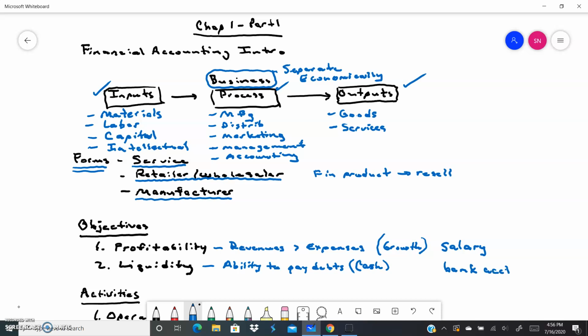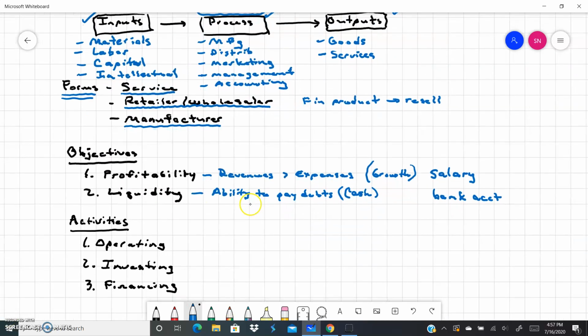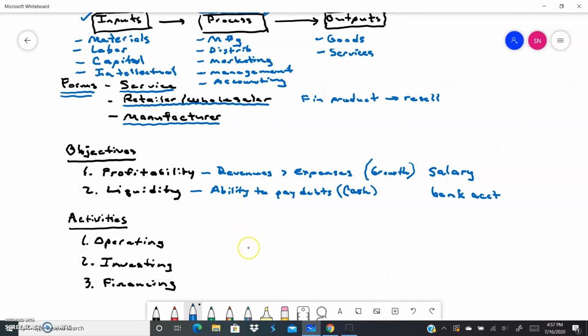But I only have $1 in my bank account. So obviously something's going on there, right? And they're two different concepts. Yeah, I made a lot of money, but I don't have a lot of money with which to pay the debts that I might have that are coming due. So I might be profitable in that sense, but my liquidity position is poor. So those are the two objectives of a business, both of which are going to have to be met for the company to stay in business long term.